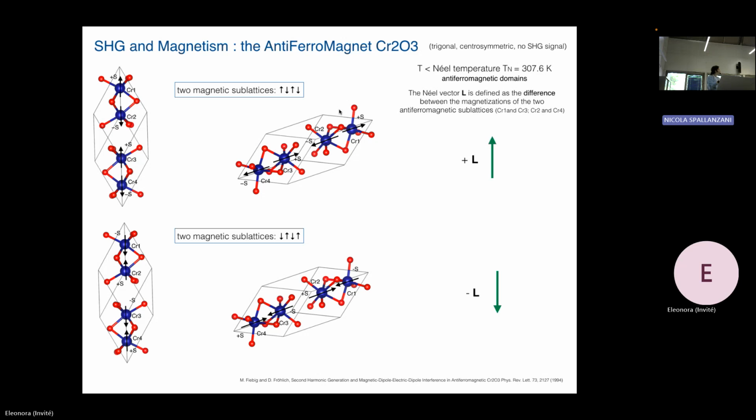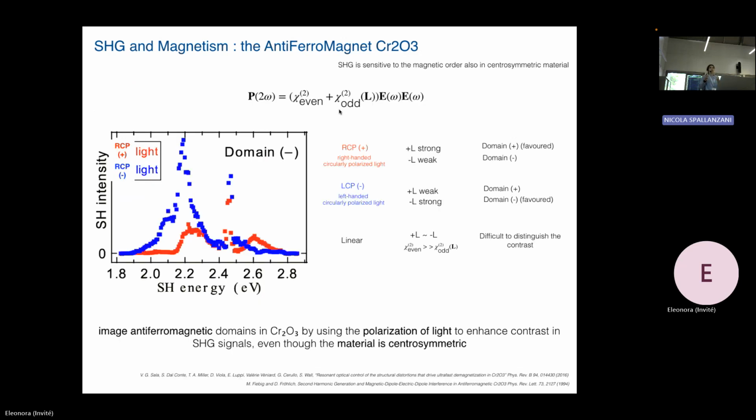But you have two domains. You are breaking not the crystallographic symmetry, the space symmetry, by changing the position of the atoms, but you are breaking another symmetry, the magnetic one, and you see this in second harmonic generation. In particular, it has been seen that you can observe the domains.